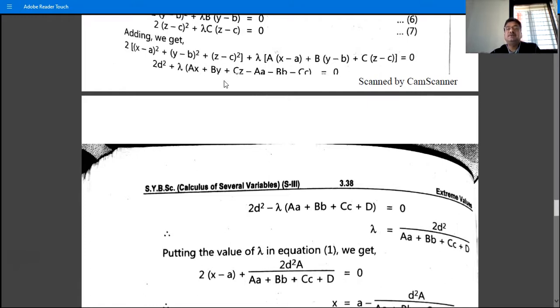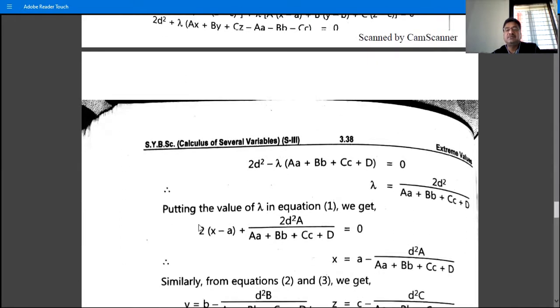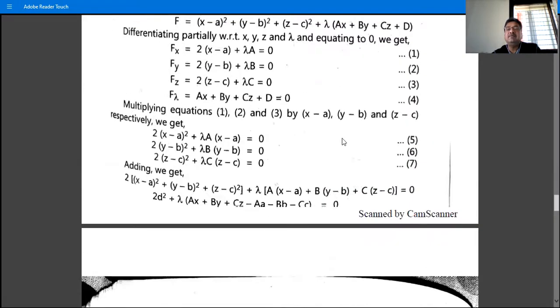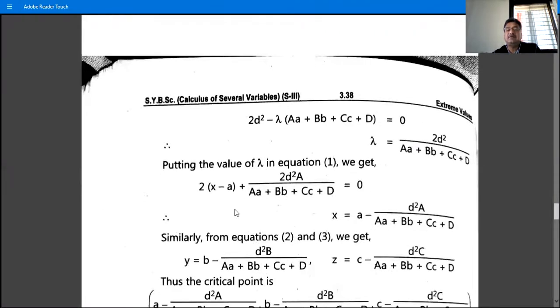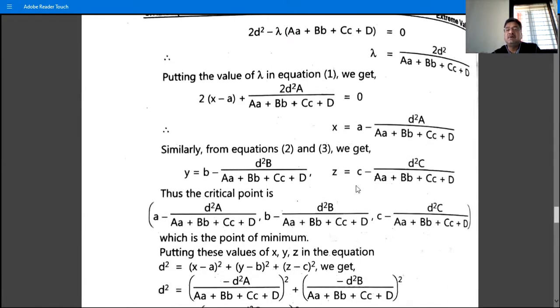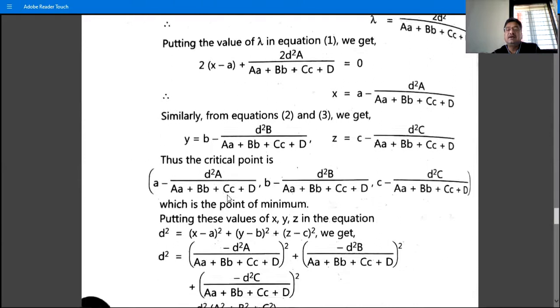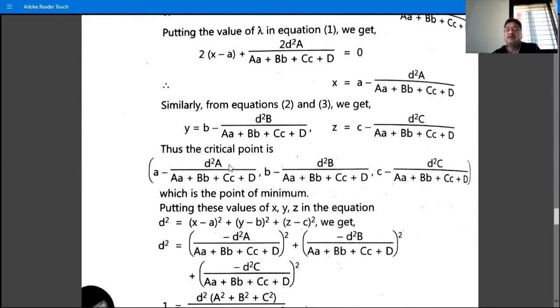Calculation of this: ax plus by plus cz is minus capital D. Then take a minus sign as common, we have lambda is equal to this. Putting this lambda in equation number 1, we get x is this, and similarly y is this, z is this, and therefore the critical point is this x, y, z.